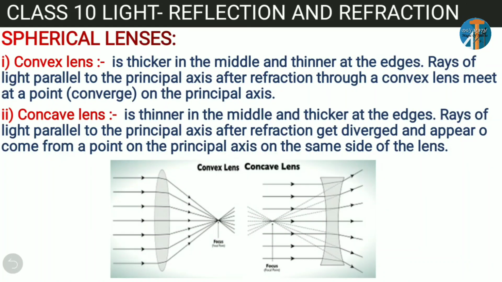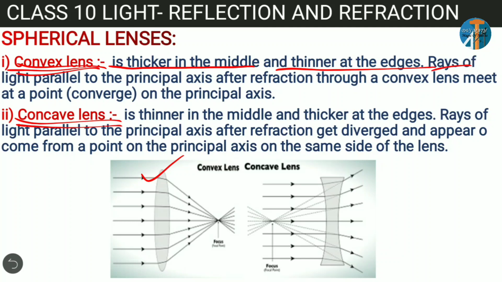Next, here also we have two types of lenses, convex lens and concave lens. In reflection of light, we spoke about mirrors, concave mirror and convex mirror. The same names here also. A convex lens is thicker in the middle, thinner at the edges.